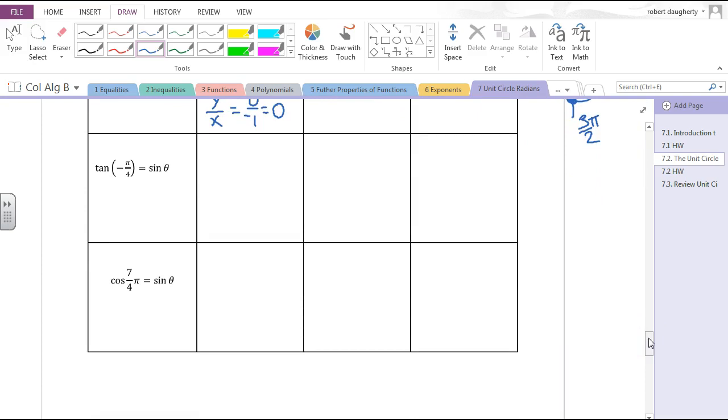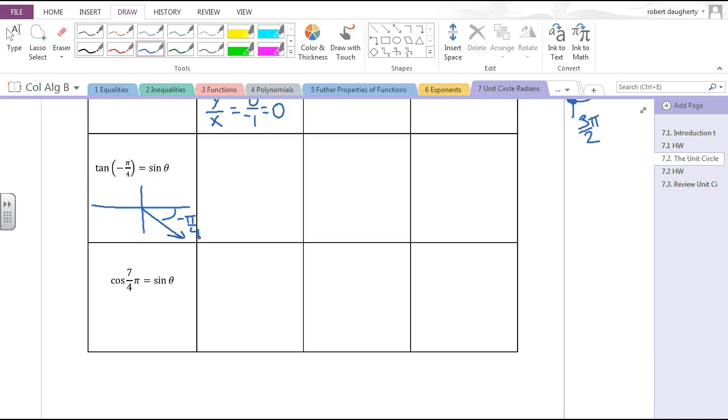So tangent of negative pi over 4 equals the sine of theta. So I've got to figure out where this angle is. Negative pi over 4, that is this angle right here. So my reference angle is pi over 4. If I look at pi over 4, what's the definition of tangent?